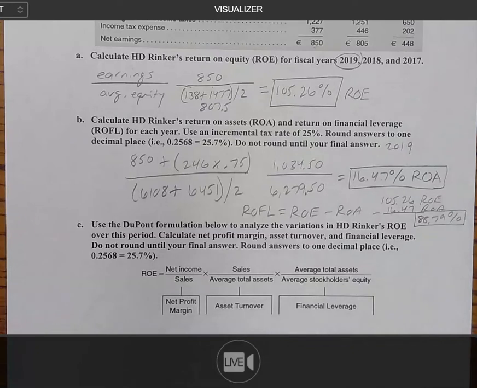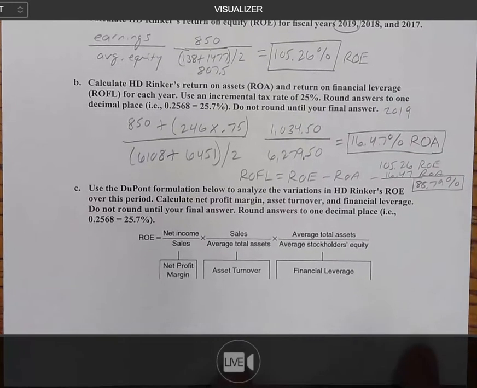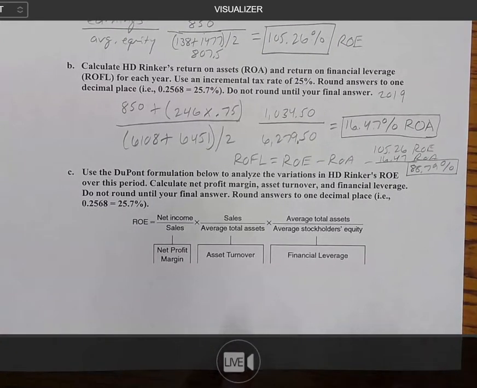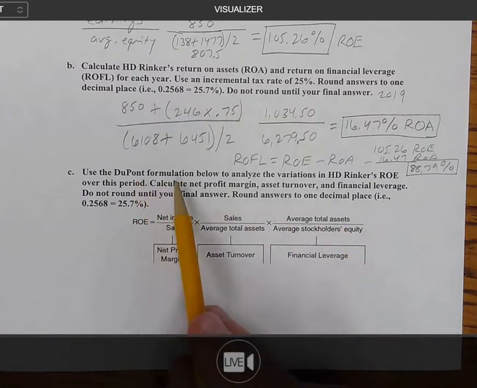Okay. And then the third part of the problem wants us to calculate the DuPont formulation.